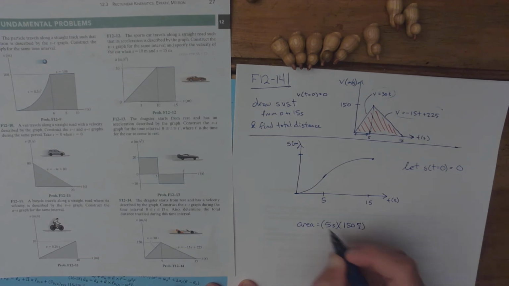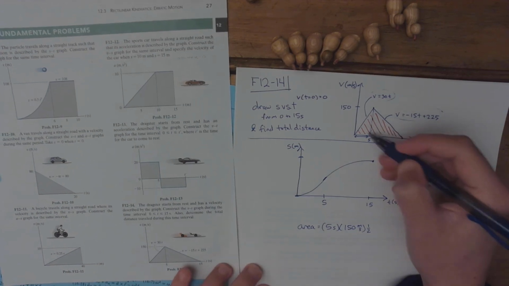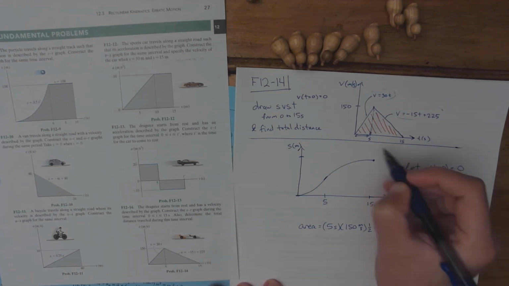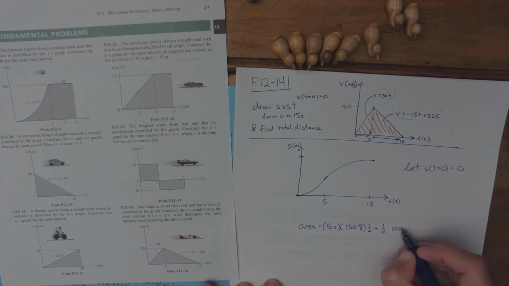It's a triangle, so I should have a 1/2 in there also. I'll have to stick it in at the end. So that's this area here, plus then we have another triangle. This time I'll remember the 1/2. And the base from there to there, that would be 10 seconds times the height of 150 meters per second.